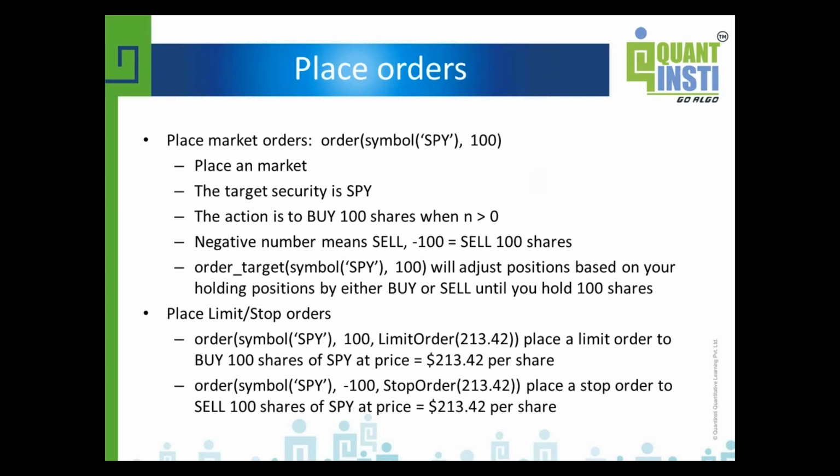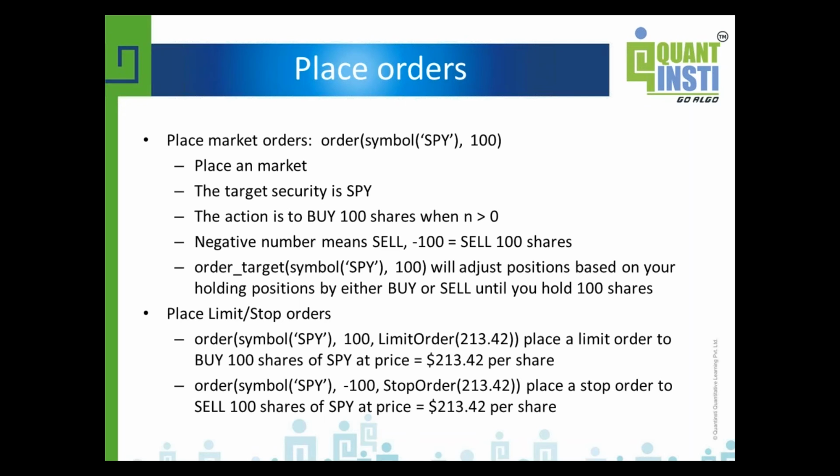Because if you want to handle multiple securities and multiple trading strategies in one Python script, or handle multiple accounts, it's not that straightforward to use order portfolio or something like that. So I only define the order target. If you think they are handy, for example, order percentage, you can write it yourself. It's not that hard, actually.